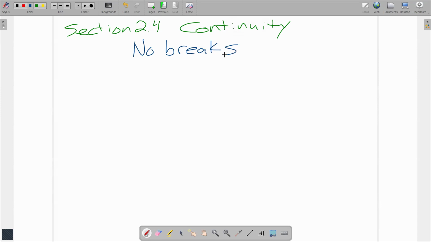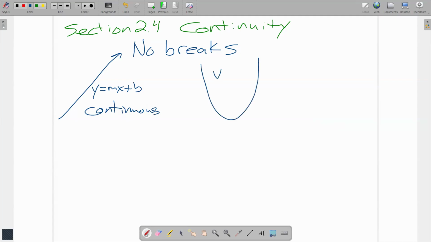So when I graph straight lines, like y equals mx plus b type stuff, continuous. I can draw it without having to lift my pencil. Polynomials, like our favorite parabola, y equals x squared. Right? I can draw as much as you want without lifting my pencil in one shot, continuous.